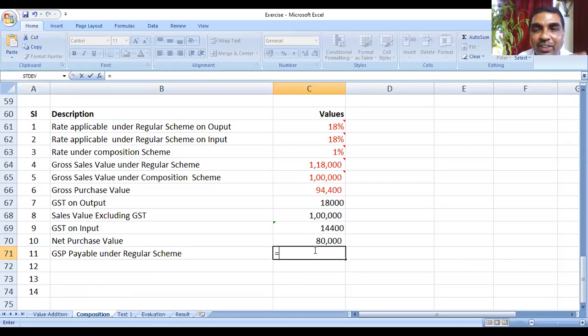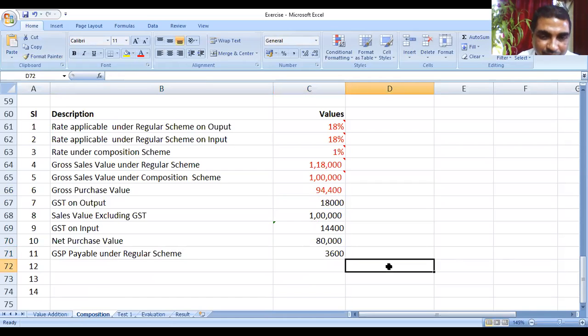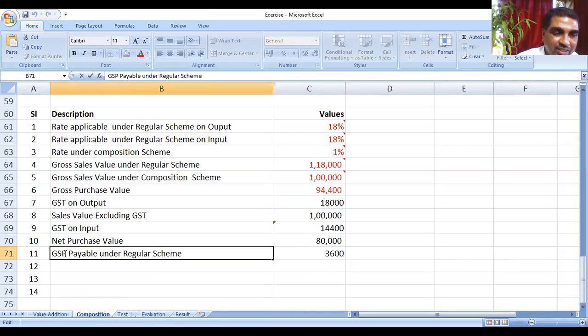What is the GST liability on output? 18,000, sir. 18,000. But ITC is available how much? 14,400. So 18,000 minus 14,400, this much is the GST payable. Is it done? Under the regular scheme, you have to pay 3,600. This is GST.